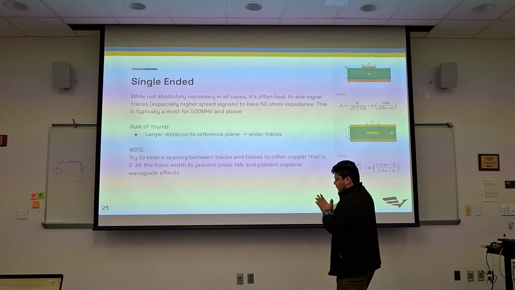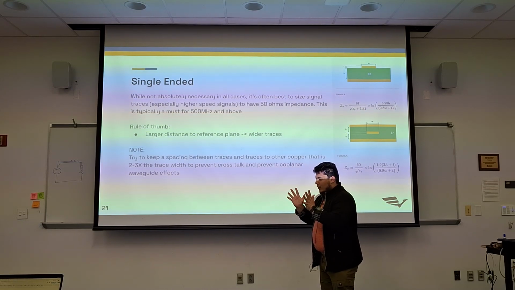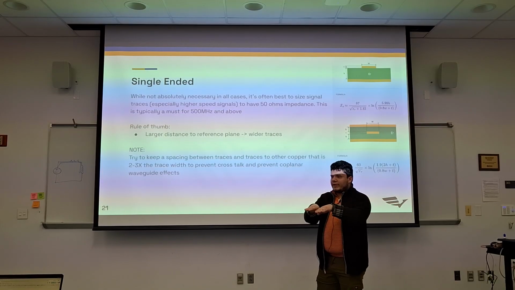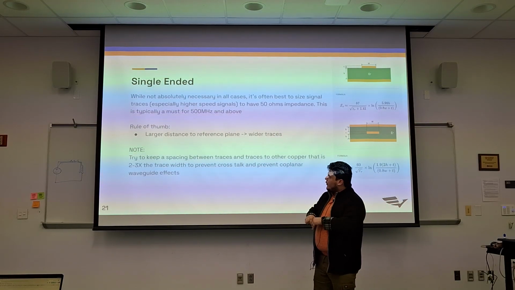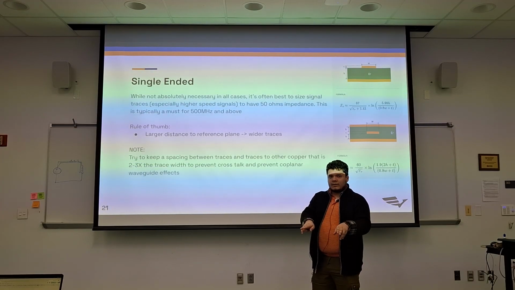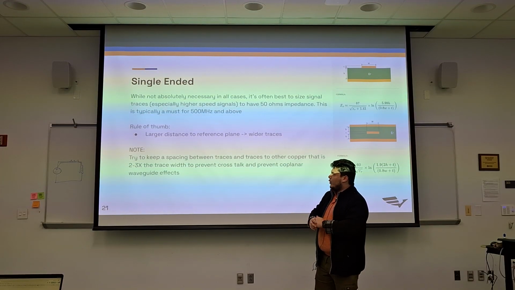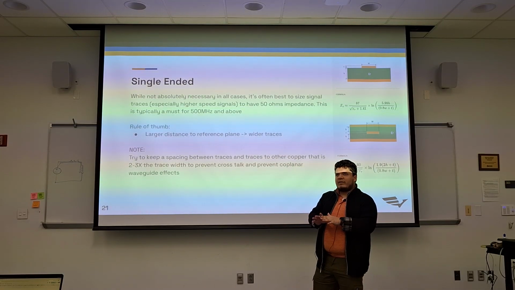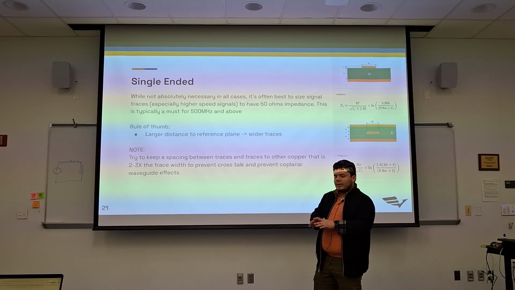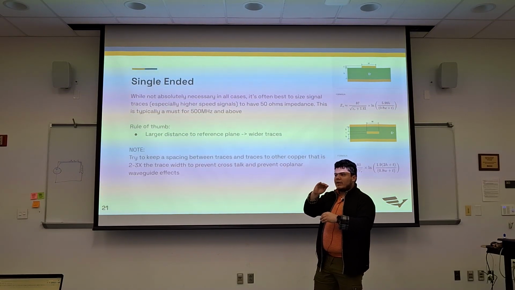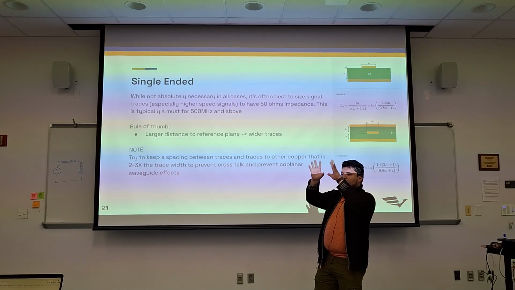Also, just the general rule of thumb for all traces and all connections, to avoid coplanar effects, you want to make sure you have at least 2 to 3 times the clearance from trace to plane. I'm going to talk about that a little bit more, because so far most of the designs have very little copper in planes. But I'm going to recommend shortly that we want to keep a nice balance of the copper all throughout the entire board.